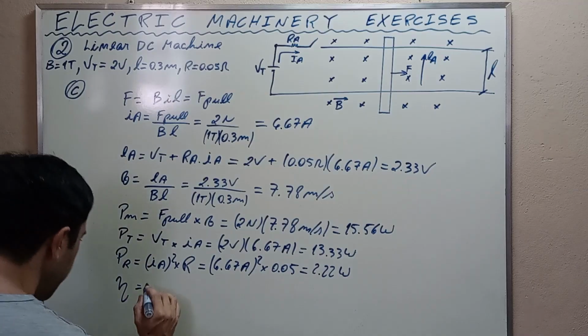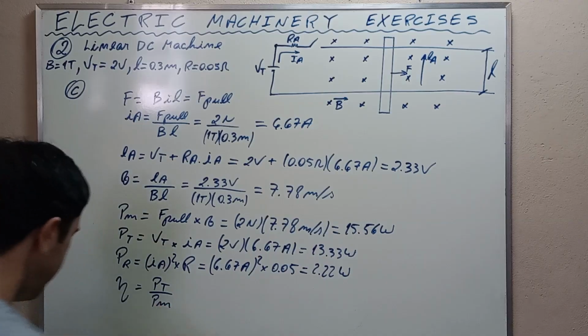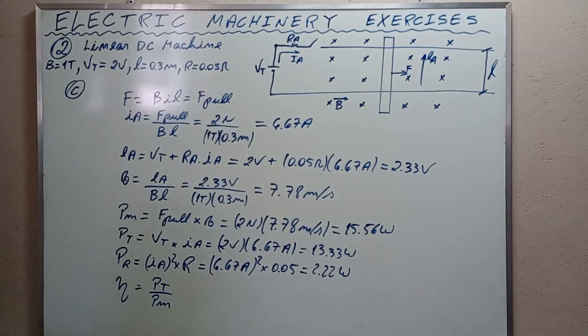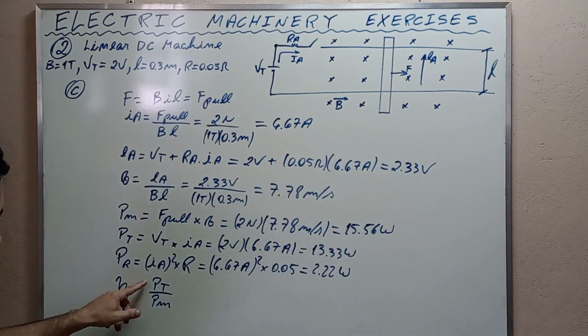And lastly, the exercise wants us to calculate the efficiency under this condition, and the efficiency is going to be equal to Pt over Pm. Observe that this is the opposite. When there was no pulling force here, it was Pm over Pt.